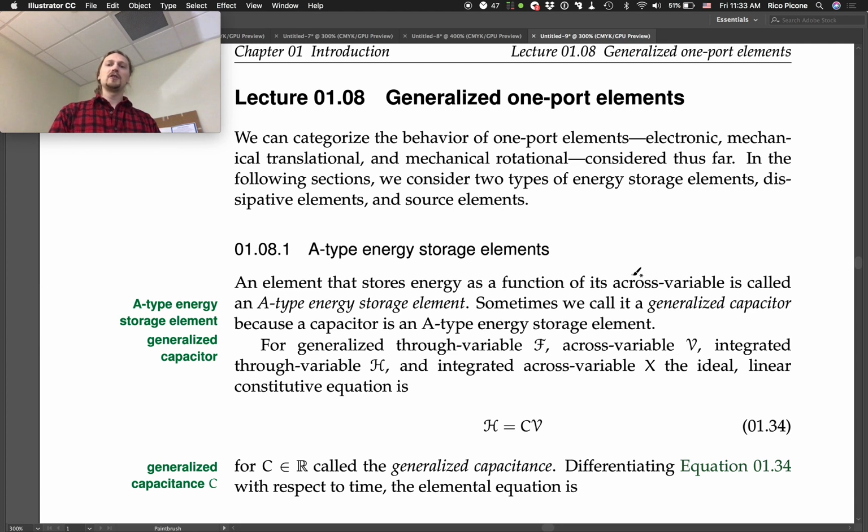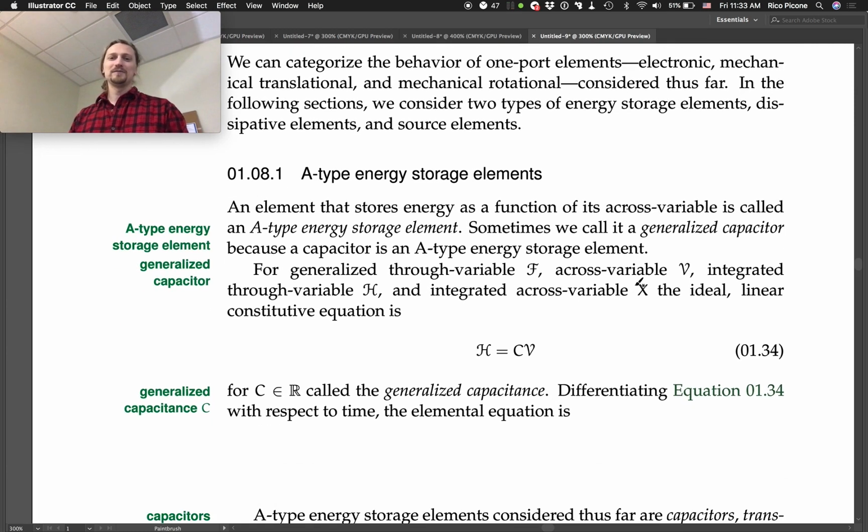Sometimes we call it a generalized capacitor because a capacitor is an A-type energy storage element. So this is the first one that we're going to take as being like, okay, a capacitor is like a that. Okay, so that's what we're doing.